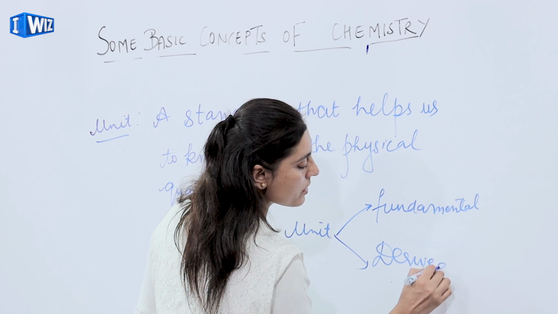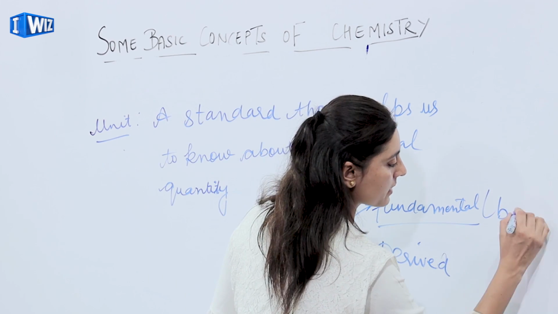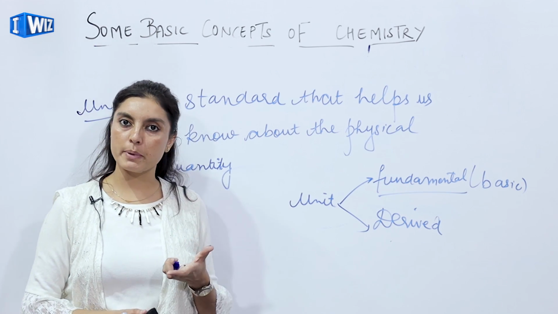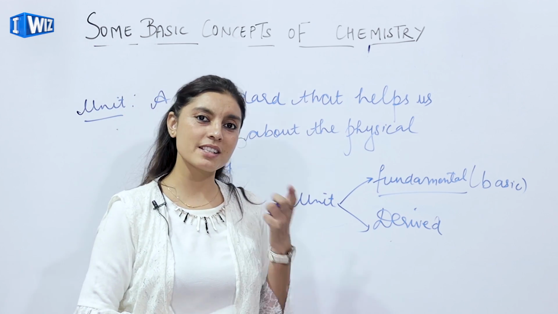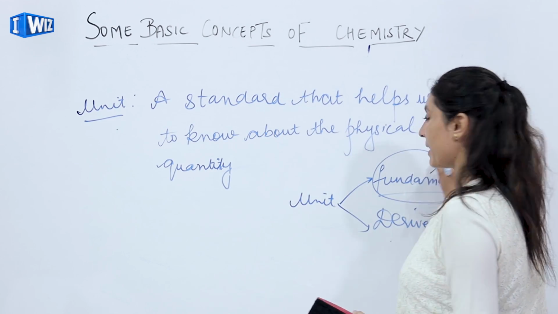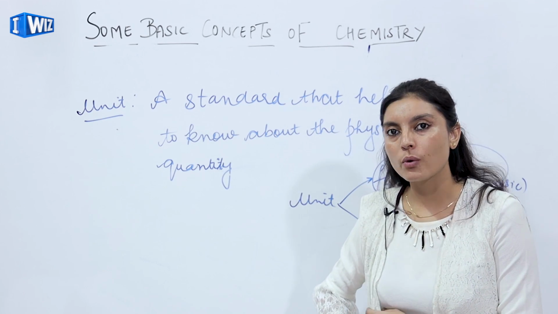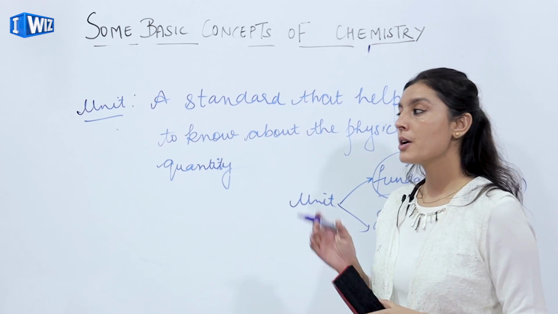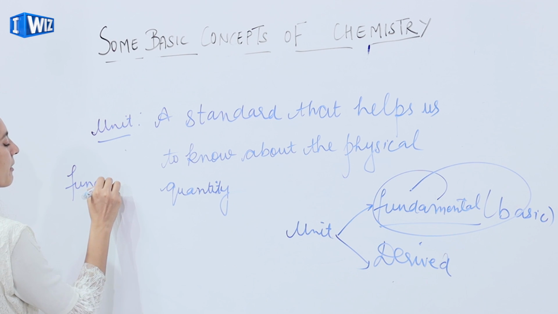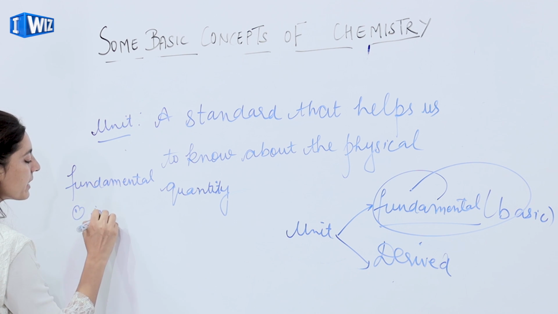Fundamental units are the basics. Fundamental is something which is very basic, and when it is basic, does it depend on anything? No. So when we talk about the fundamental, that refers to something which is not dependent on any other quantity or any other units. So fundamental units are the units which are not further divided into any kind of units. They are independent in themselves.